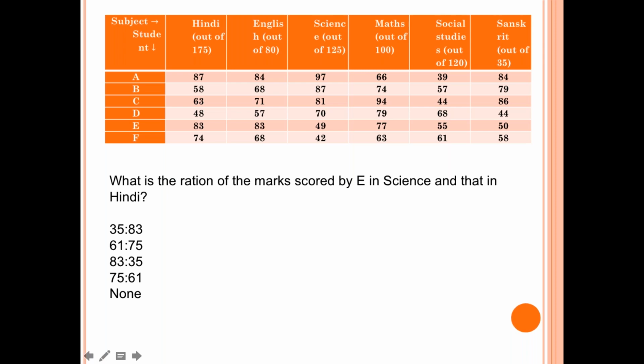Marks of E in science to the marks of E in Hindi. Sahil and Ayushi are very quick in answering. It has 35 and 83.